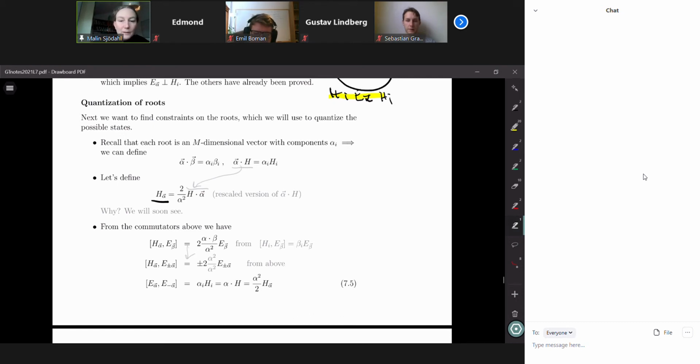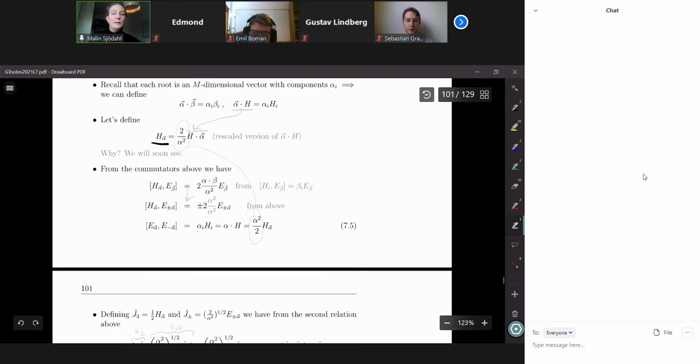I see that I have the inverse of this factor here, so I have alpha squared over 2 and then H alpha. And that's the form that I want to have.